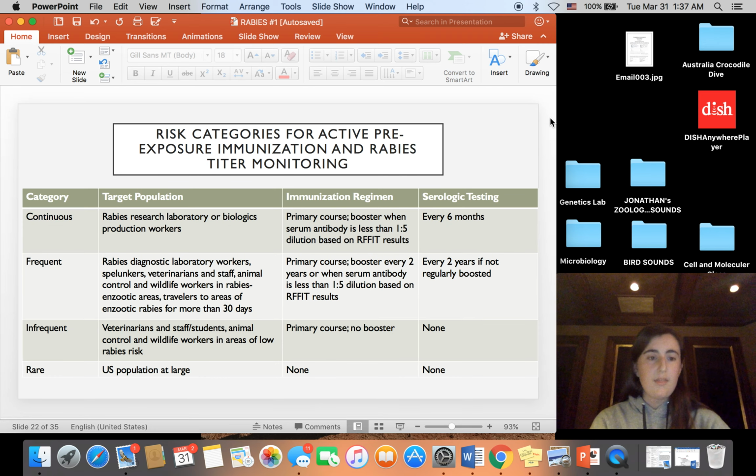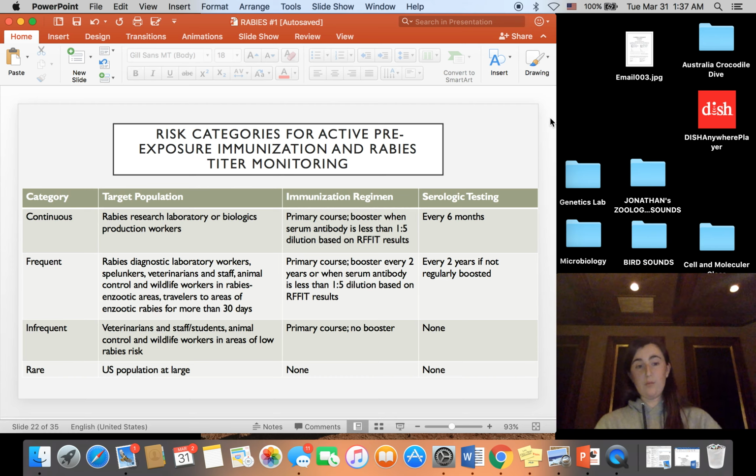So this whole chart that I made is kind of saying when you should get the pre-exposure prophylaxis. For the rare category, most of the US population doesn't get it because they're not around rabid animals.